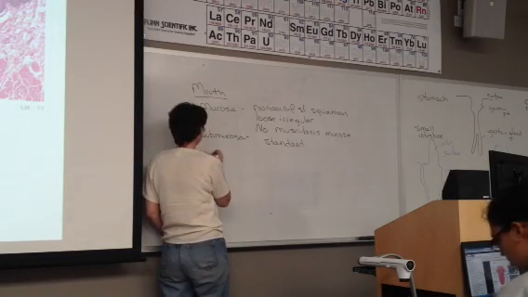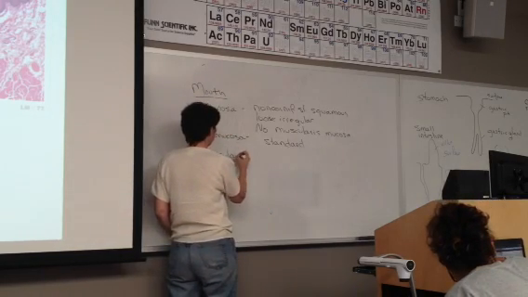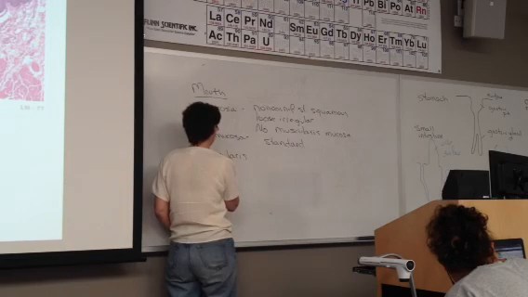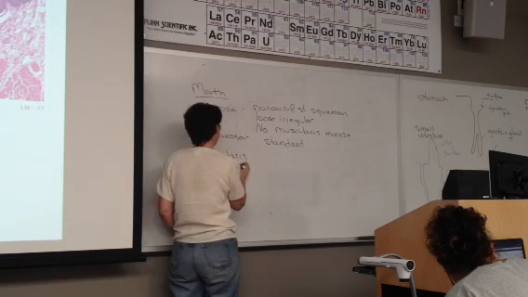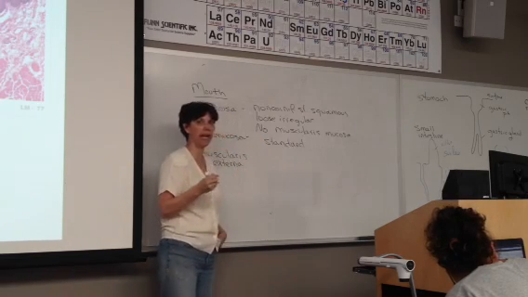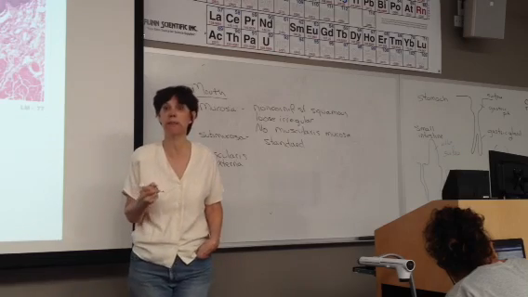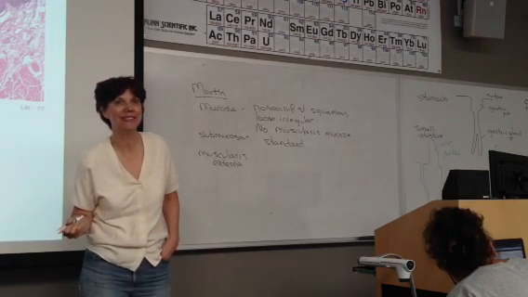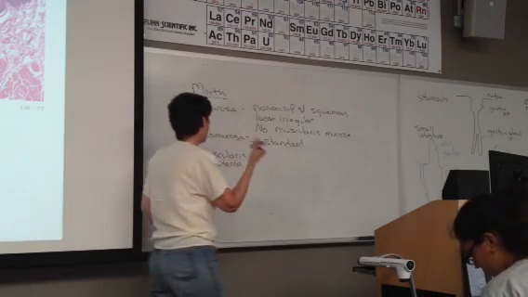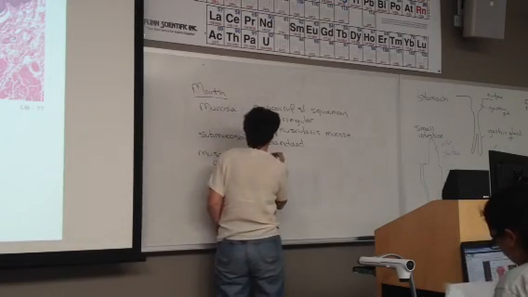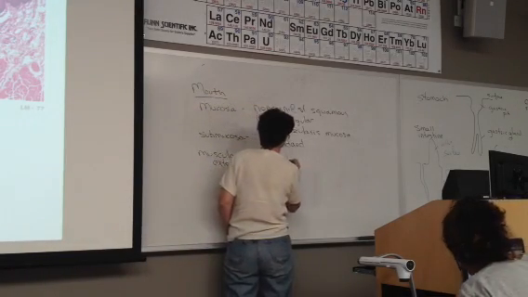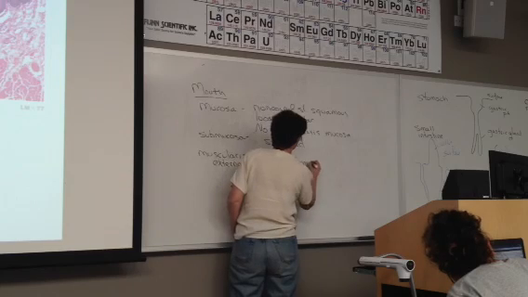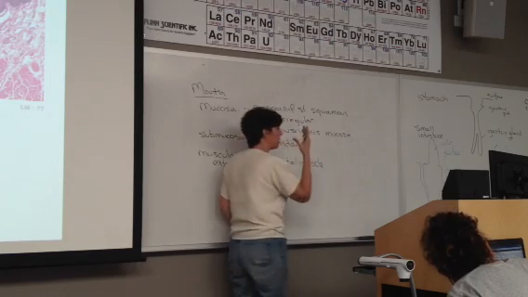The third layer is the muscularis externa, which in our template we described as an inner circular, outer longitudinal layer of smooth muscle. It's not smooth muscle at all in the mouth. All right, so in the mouth, we have skeletal muscle. And this would be the skeletal muscle that forms the structure of your mouth.